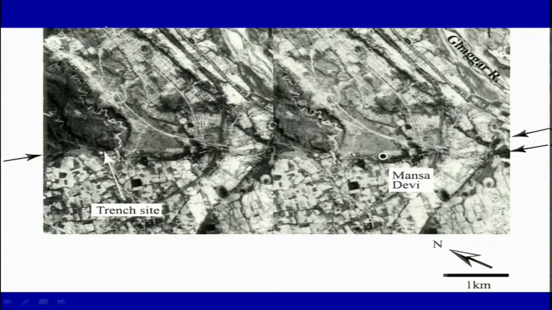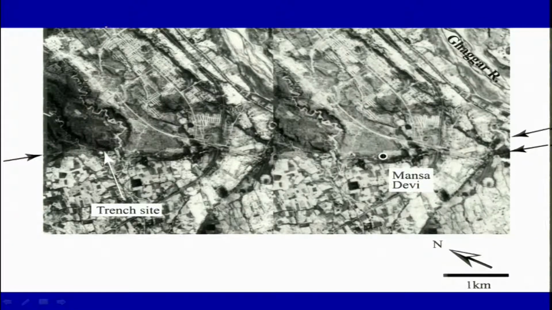This is just to show you that slowly we will be moving to an exercise where we use two photographs taken from different cameras at different angles to view the terrain in 3 dimensions. These are two photographs taken by the Corona satellite of the same area, and you can match the area as I will point out.